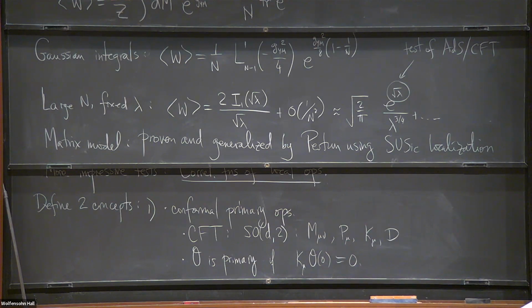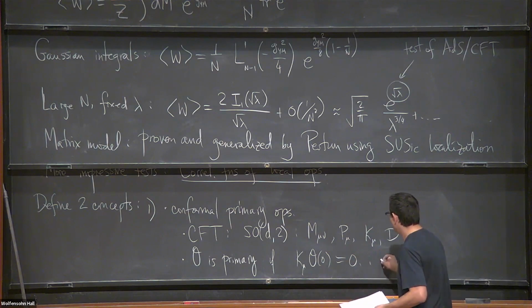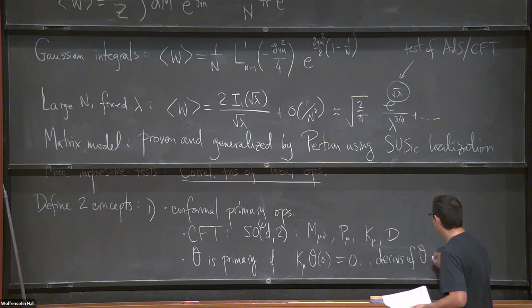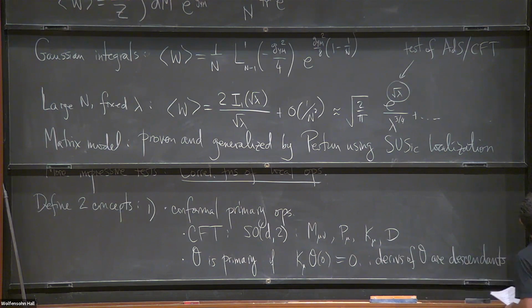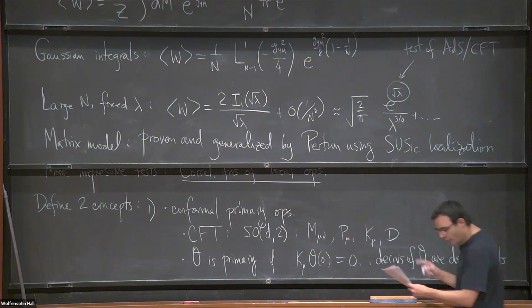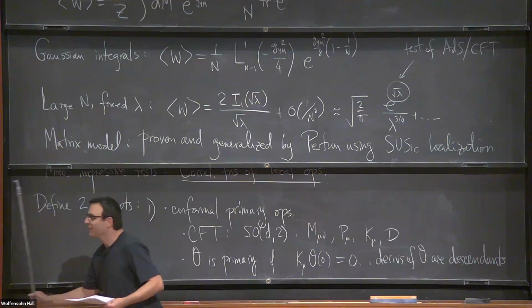So derivatives of O are called descendants, conformal descendants. Good. That's the first concept that's needed.